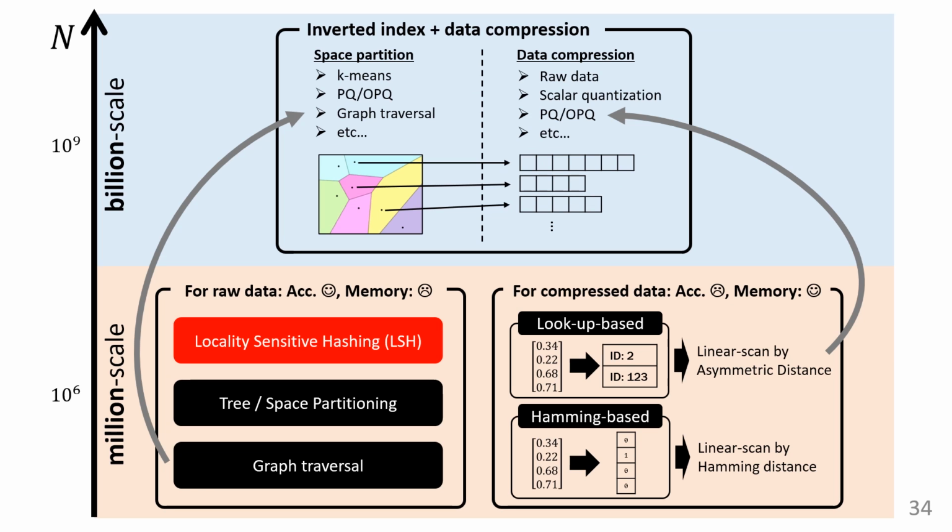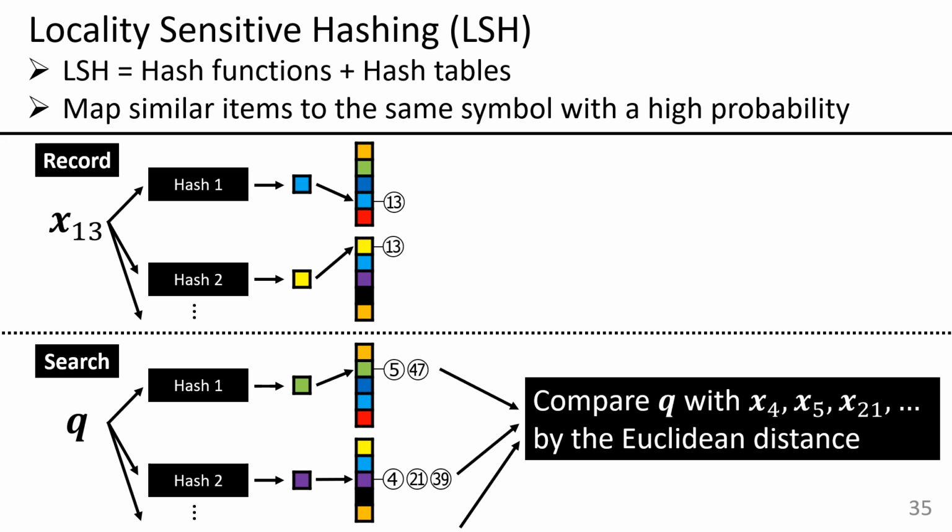First, I will introduce locality sensitive hashing. Locality sensitive hashing is maybe one of the most famous and well-known methods for approximate nearest neighbor search. It's a set of hash functions plus hash tables. They map similar items to the same symbol with a high probability. In a recording phase, if we'd like to record X13, for example, then we put this into a hash function, then get a symbol.